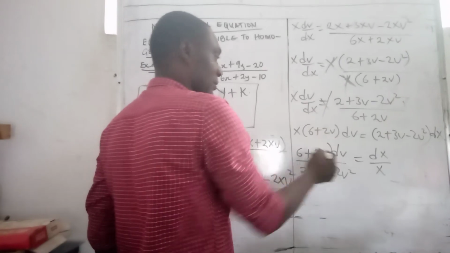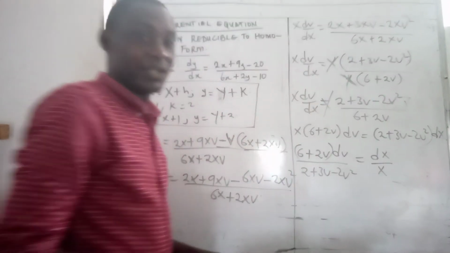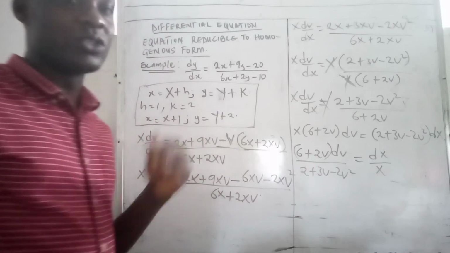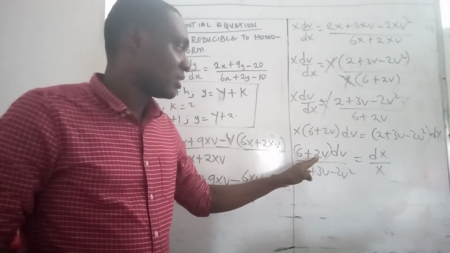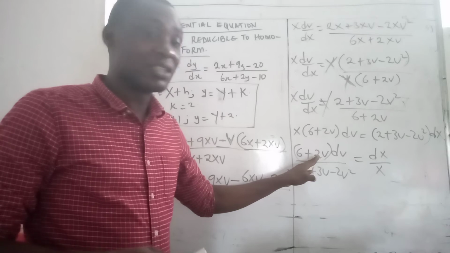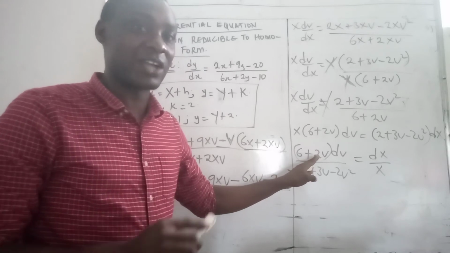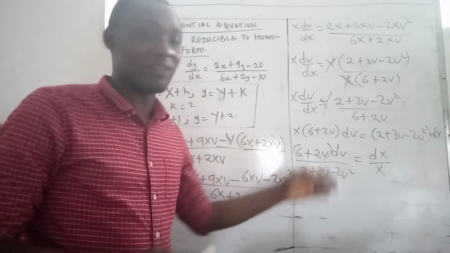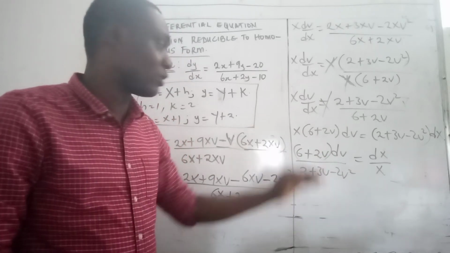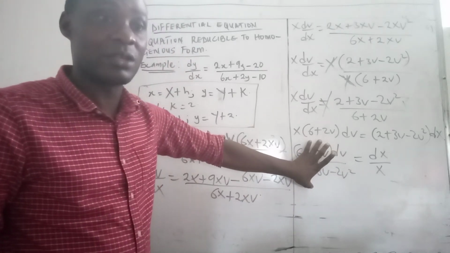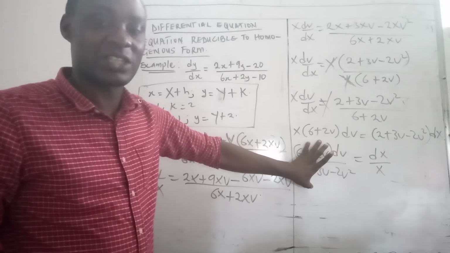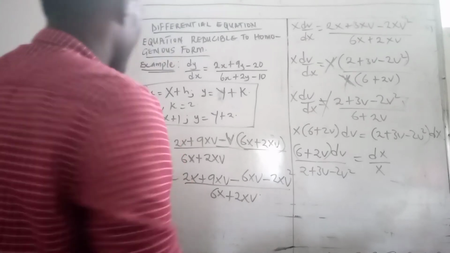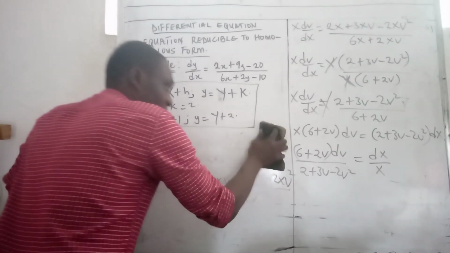So we can integrate this. Now what I'm going to do, I'm going to integrate this using partial fractions. Normally if I integrate this, we're going to get a value directly, but I want to break this down into partial fractions. So let's do this.